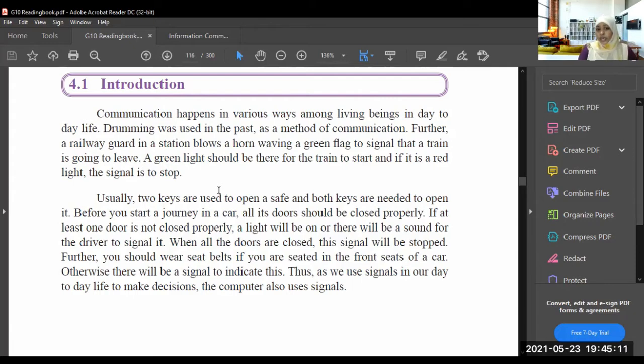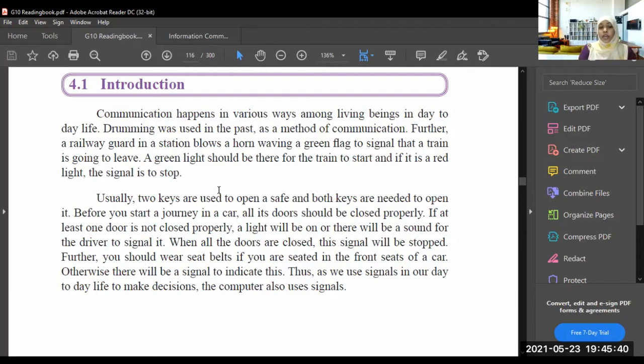Usually, two keys are used to open a safe. You know the safe. What is a safe? A safe is like a drawer, or else we can call it a small box where we keep our confidential documents safe, like money and documents and all these things.